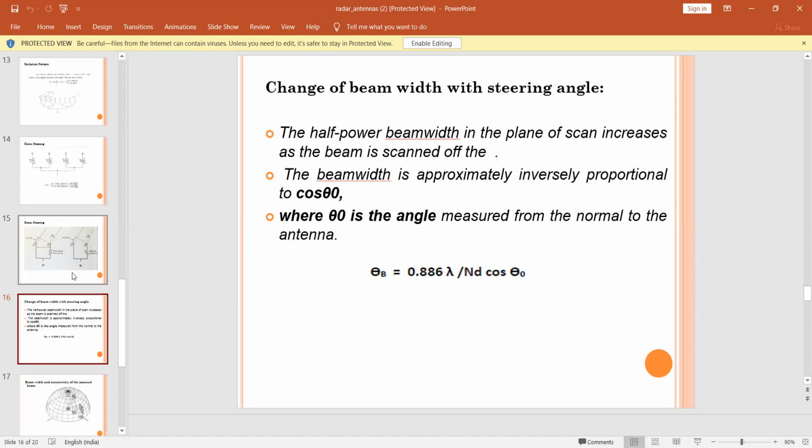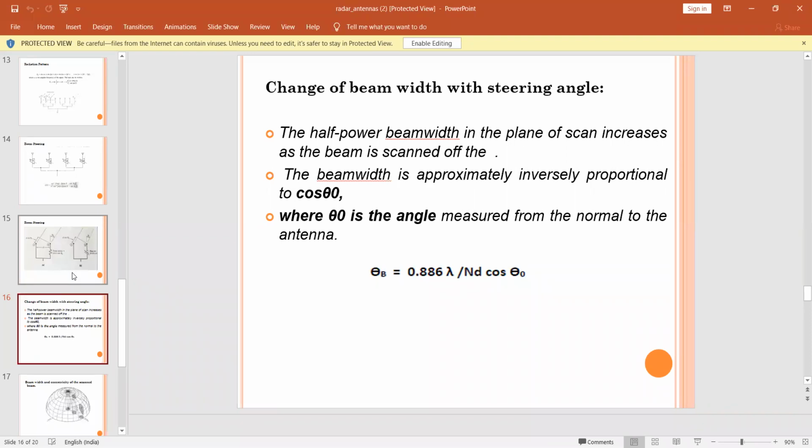The antenna pattern sine square u by u square is reduced to half from its maximum value when u is equal to plus or minus 0.443 into pi, denoted by theta plus, and the angle corresponding to the half power point when theta is greater than theta naught is denoted by theta minus.